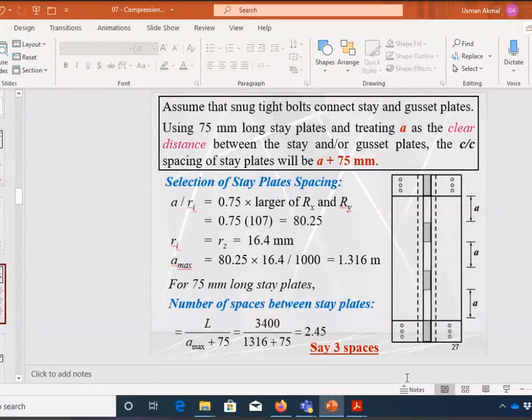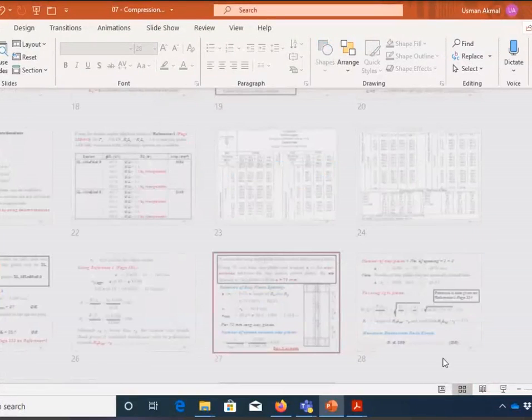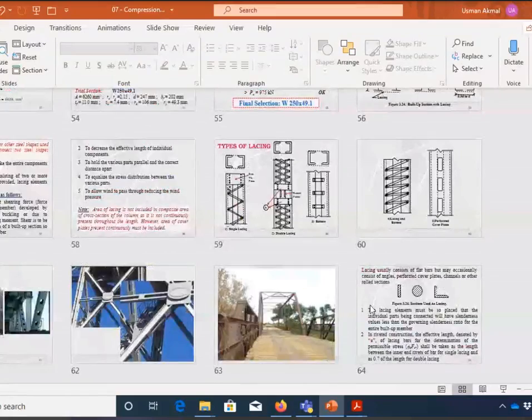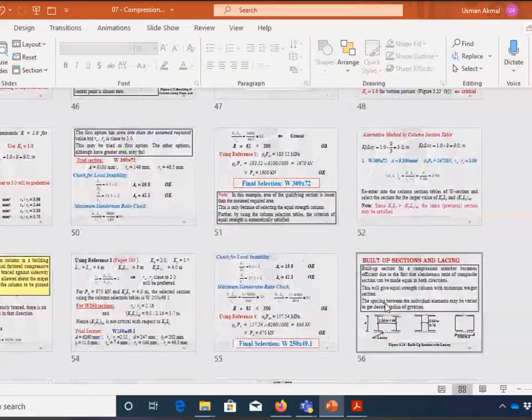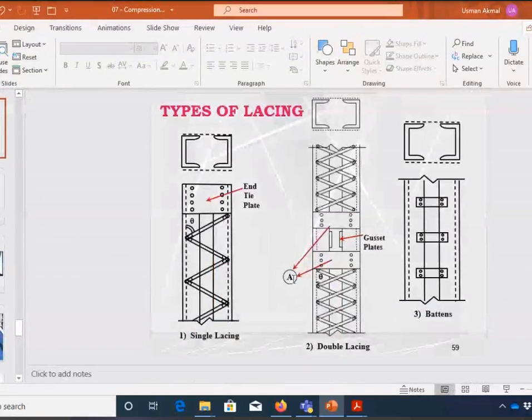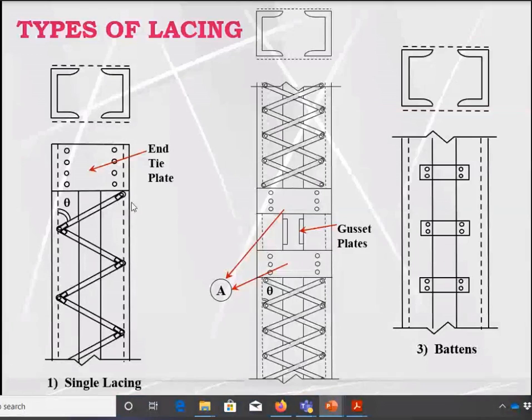In the same way, in case of our built up section with lacing, our unbraced length corresponding to a single section will be from here to here, from one end of the lacing connection to the other along the same length.